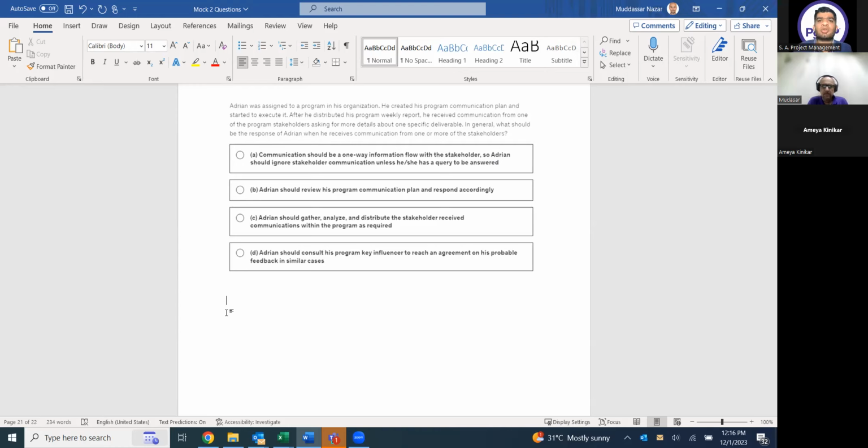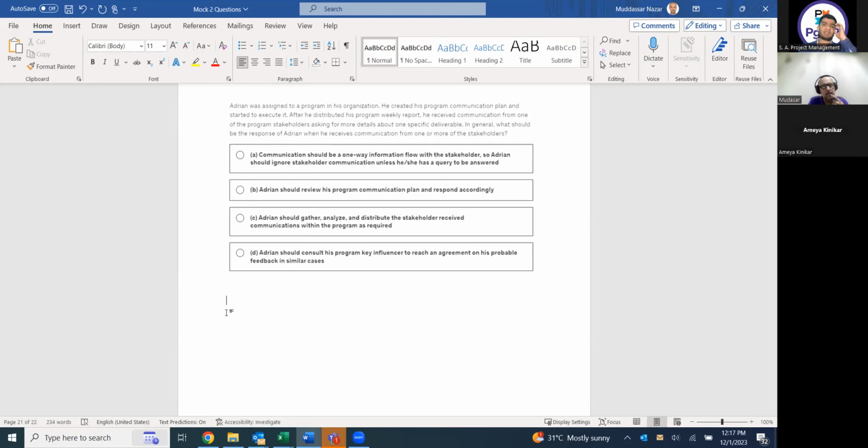So in that case, he has to analyze what type of stakeholder he was, what type of information he needed, and what was sent to him wrongly. So I will not only go for B, I will go for C: they should gather, analyze, and distribute the stakeholder received communications within the program as required. He should see what information is to be given to which stakeholder. It's a more complete answer.